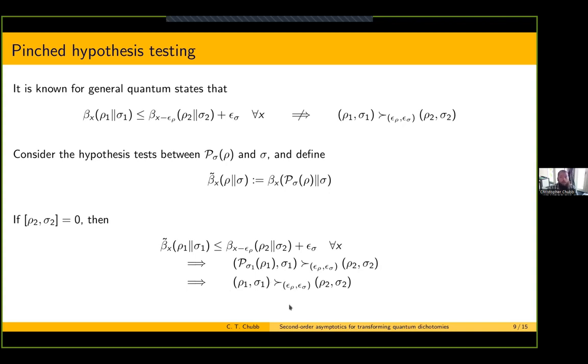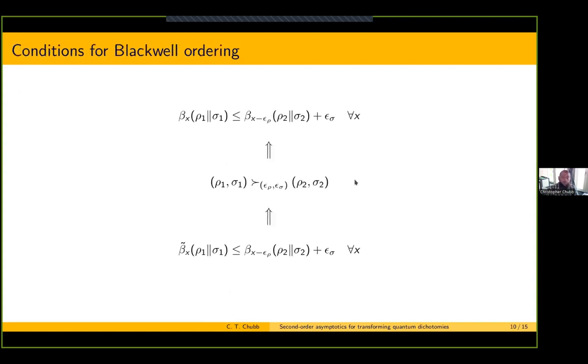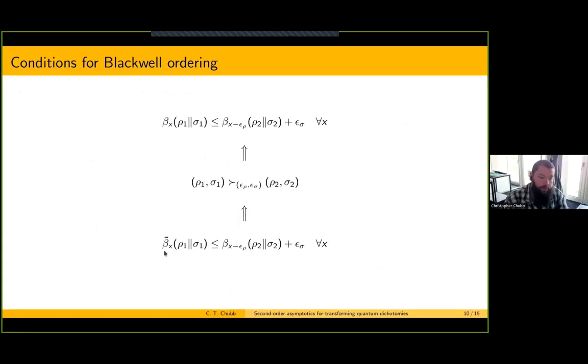There's this sort of data processing inequality of Blackwell ordering: if I can do it on something that's already been acted on, then I can do it on the raw state itself. So this gives us a sufficient condition. In other words, we have the Blackwell ordering, the thing we care about, that implies this beta ordering, and it's implied by a slightly modified version where you pinch, a similar sort of expression.